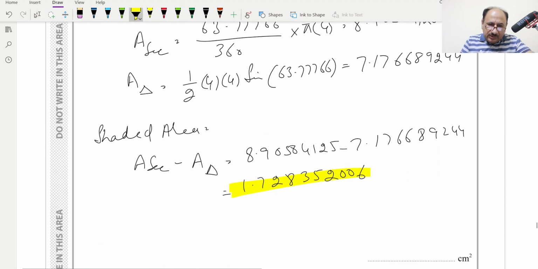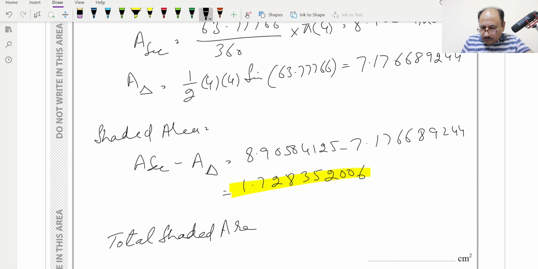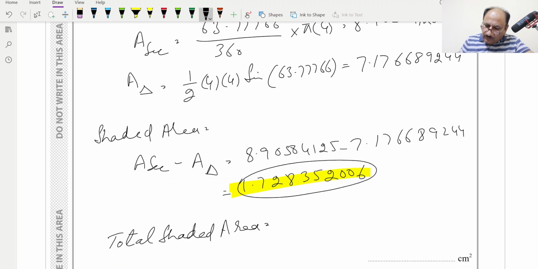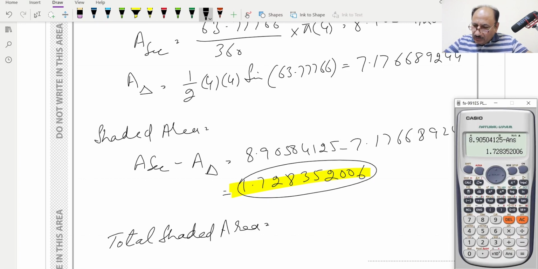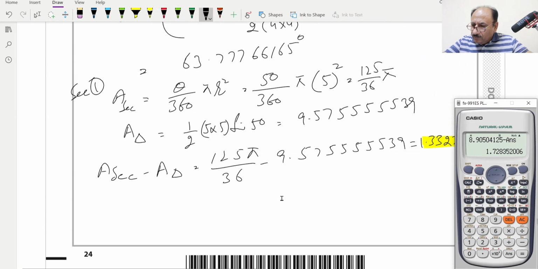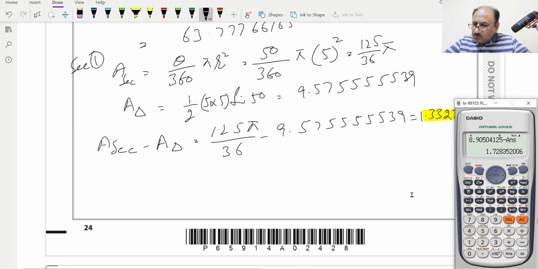So we will write here total shaded area is equal to 1.72835206. This number is already written on the calculator, and we will add this highlighted number to it.